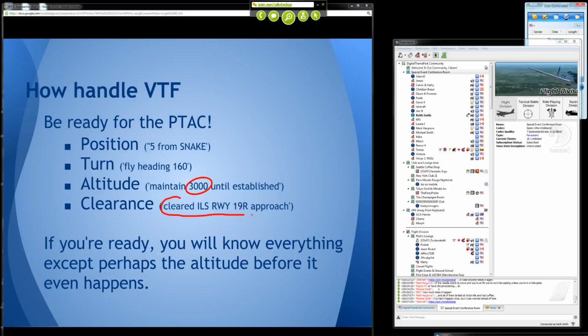Heaven help you if you don't know what approach you are being vectored for to begin with. If this part's coming as a surprise, something has gone horribly wrong. I could make a lot more jokes about that because it is quite a funny topic, but that's not a surprise. So ignore that. Your brain shouldn't even really be processing it when they say it. It shouldn't take up any bandwidth whatsoever. The 5 from Snake.